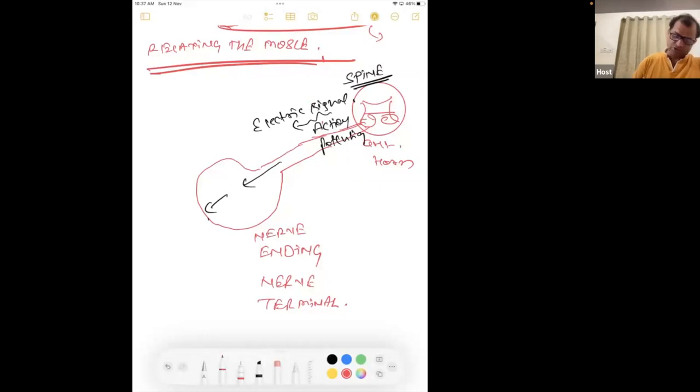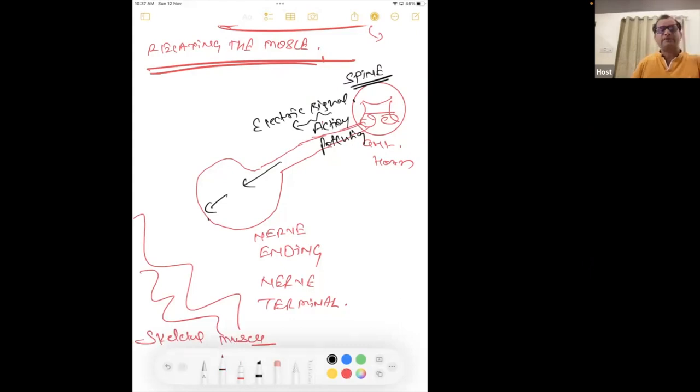But our target is doing the contraction of this skeletal muscle. We want to move the muscle. So as the nerve is ending, now this electric message will convert into a chemical message. Now this message will be forwarded in the form of chemical message and will stimulate this muscle. What is the meaning of chemical message?